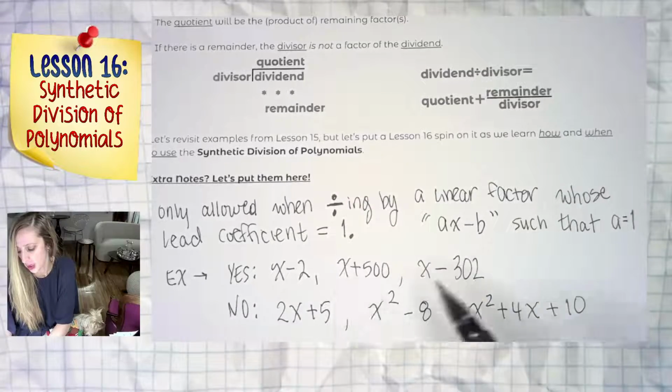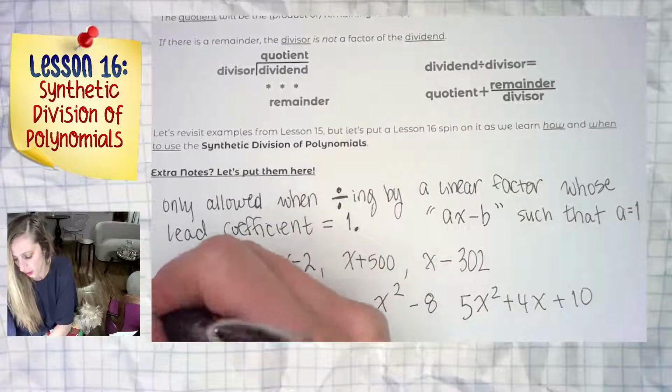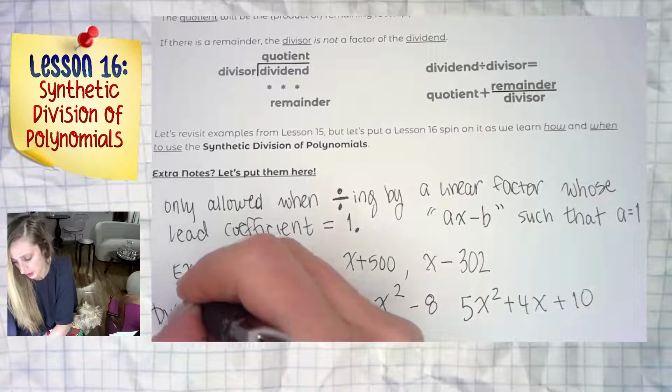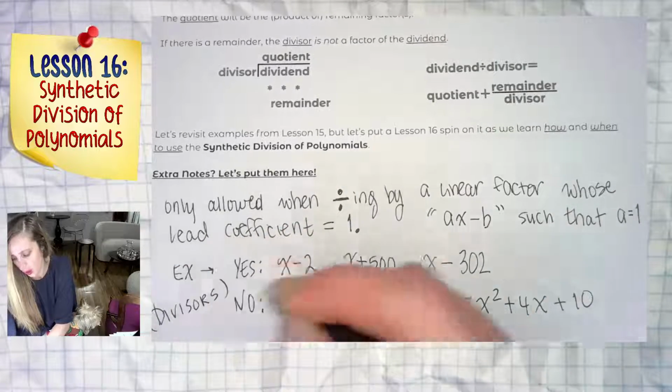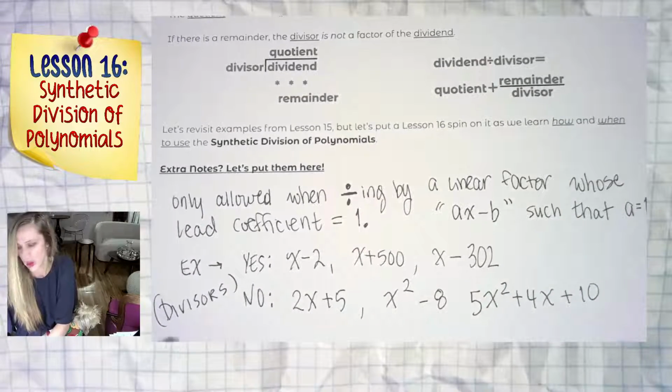These are things that we can use synthetic division on. And these are examples for our divisors, right? The thing we are dividing by. And let's get into it. We'll do an example, and I think it's really the best way for us to wrap our minds around it.